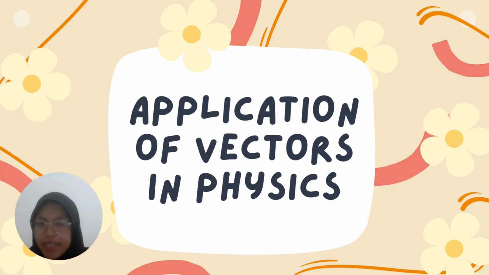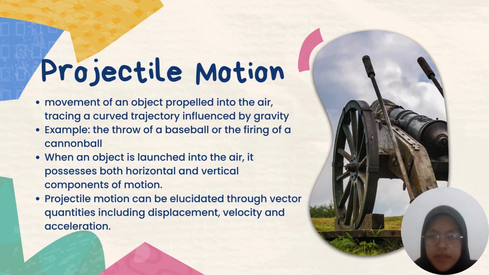Alright, now let's explore how vectors are applied in physics. One primary application is in the analysis of projectile motion. So what is projectile motion? It is the movement of an object propelled into the air, tracing a curved trajectory influenced by gravity. For example, the throw of a baseball or the firing of a cannonball.